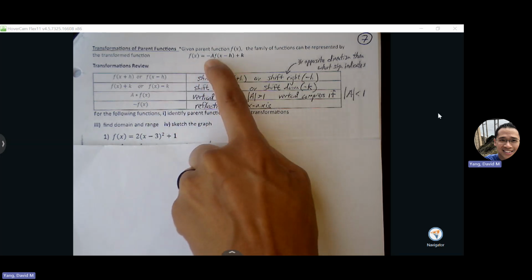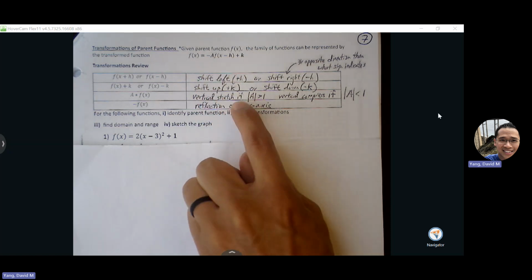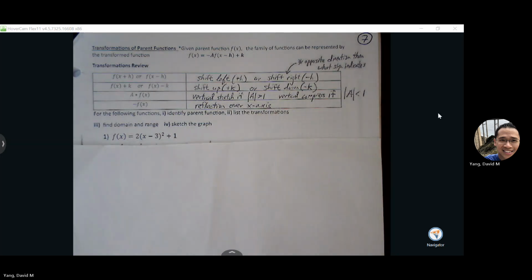And then the number you see there, if it's -4, the negative is doing the reflection and the 4 is going to stretch the graph. The confusion that students sometimes experience is they see -4 and say, oh, that's less than 1, so therefore that must be a compression, but they're actually 2 separate transformations.